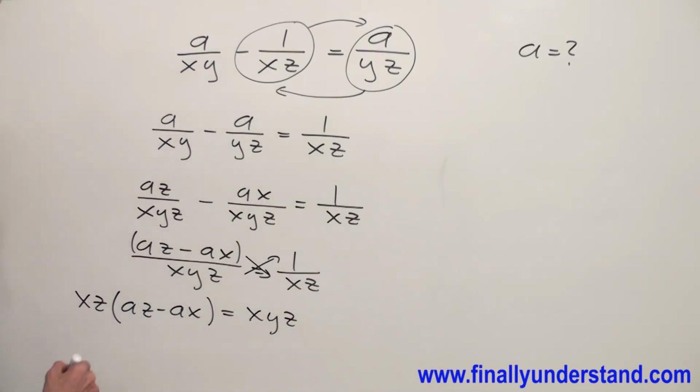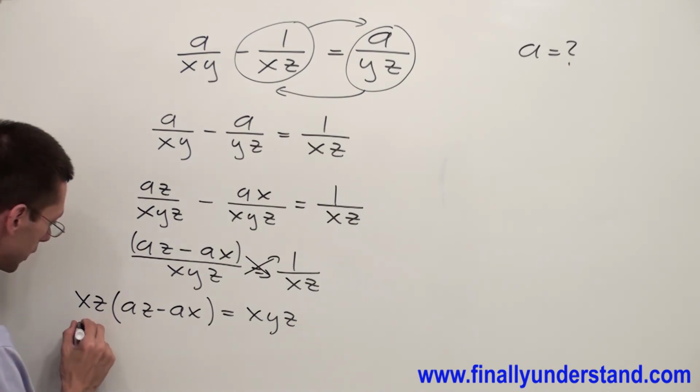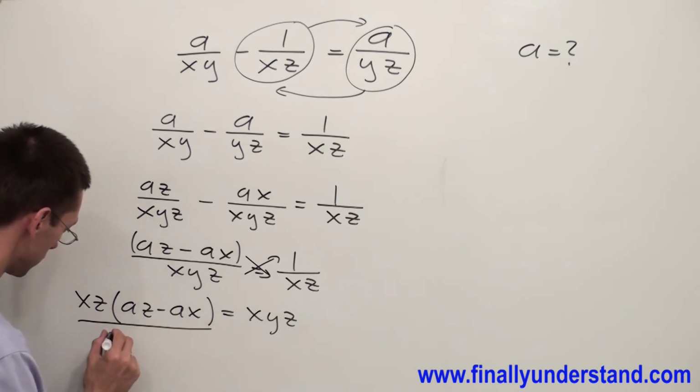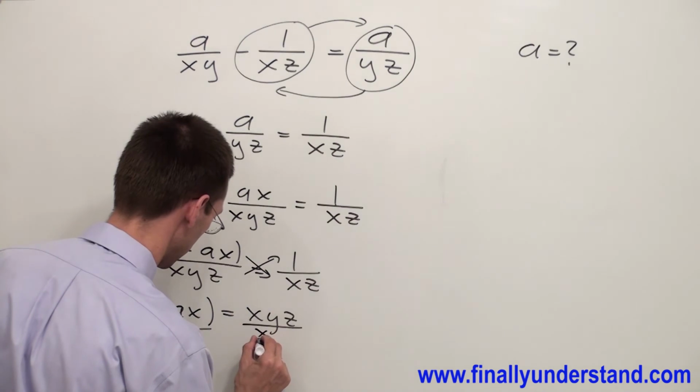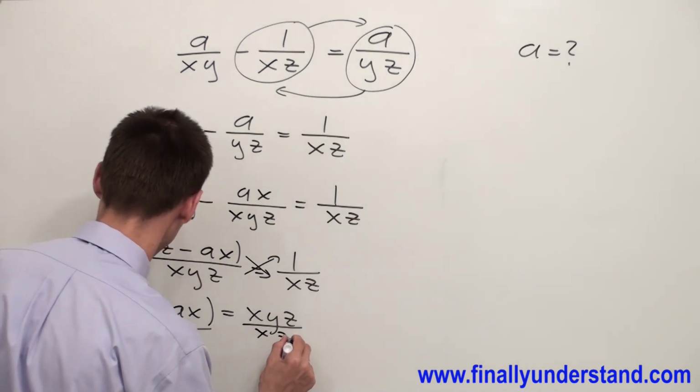Okay, I have to find a. So in order to find a, I have to divide both sides of the equation by whatever is next to the parentheses. So I have xz over xz.